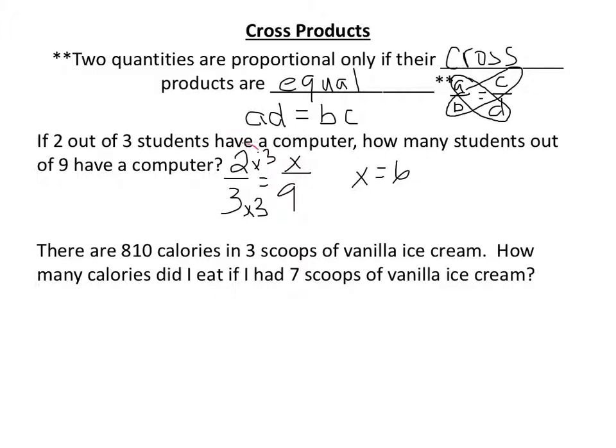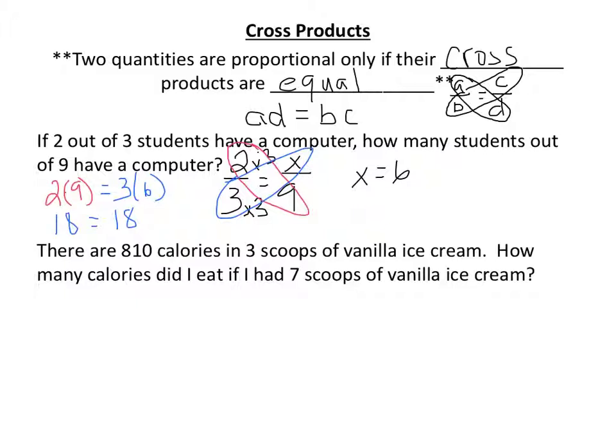So in this situation, I would take 2 times 9, and that would have to be the same thing as 3 times x, or in this case we found x equals 6. 2 times 9 is 18, 3 times 6 is 18, so that does work, so they are proportional.